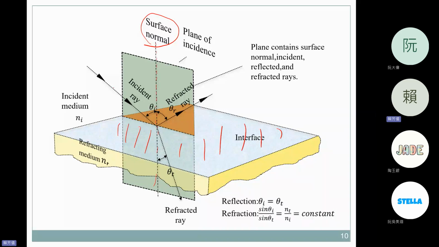So the incident light will make an incident angle theta I with the surface normal, and the reflected light will make a reflection angle theta r with the surface normal. This word is wrong in the figure, it should be reflection angle theta r, and theta I will equal theta r.